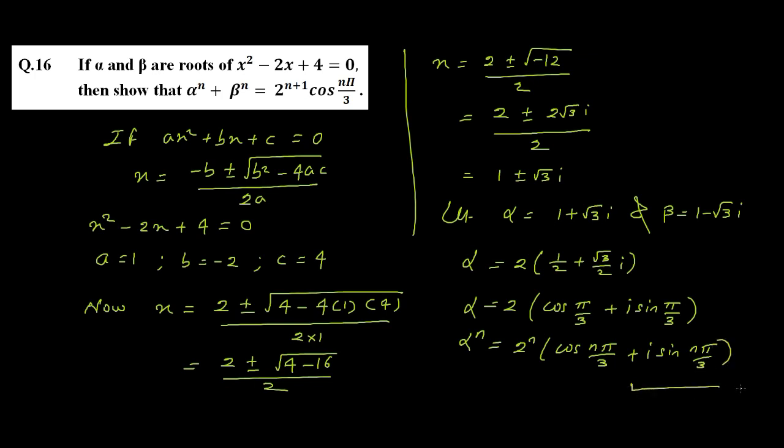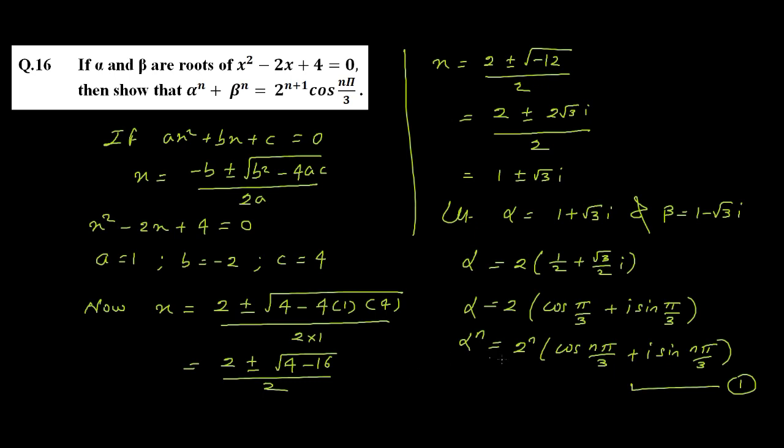Make it equation 1. Okay, so to understand de Moivre's theorem, you have to go back to the previous video, that is exercise 6b part 1. There I have solved question number 1 to question number 15, and in between I have given the concept of what de Moivre's theorem is and the related problems we have solved there. Okay, now come to this question.